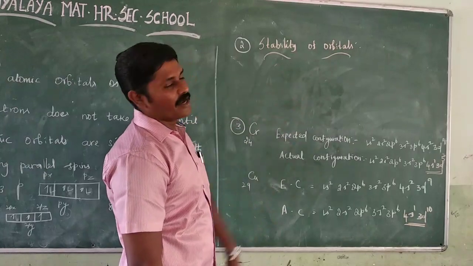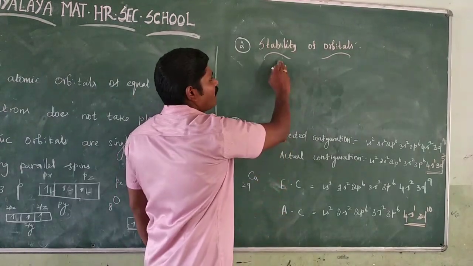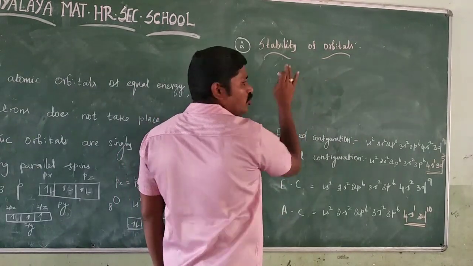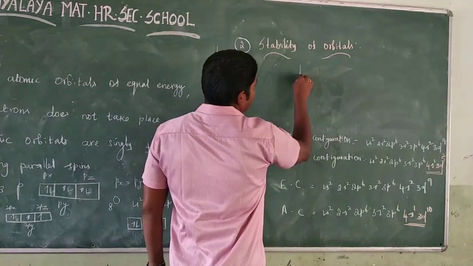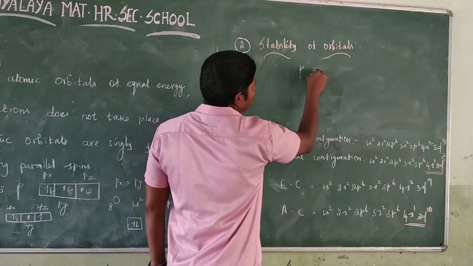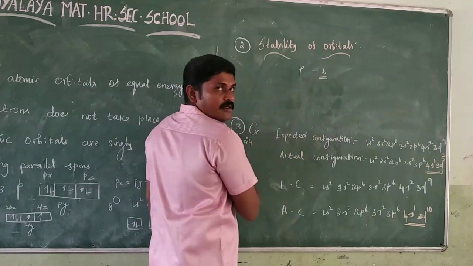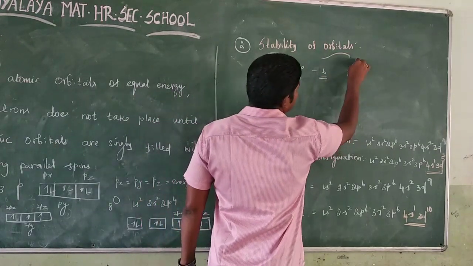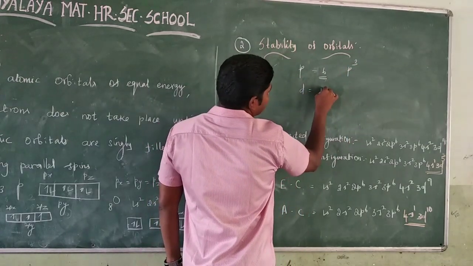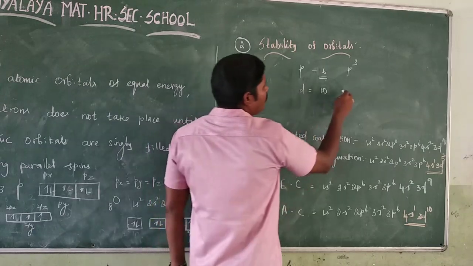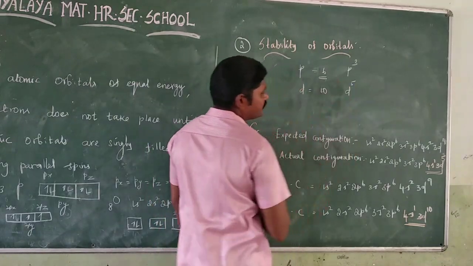Stability of orbitals. According to Hund's rule, the p orbital has a maximum of 6 electrons, and half filled is p3. The d orbital has a maximum of 10 electrons, half filled is d5.